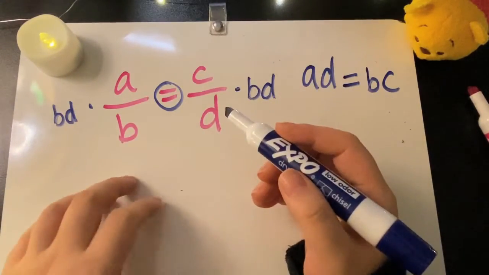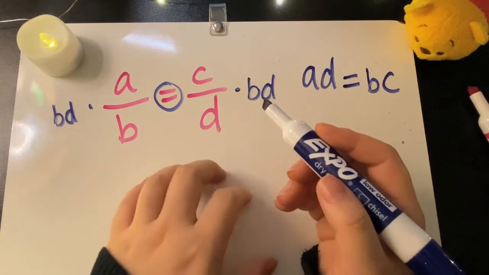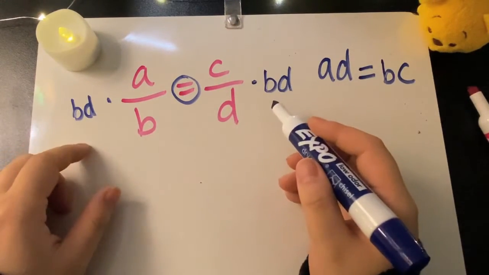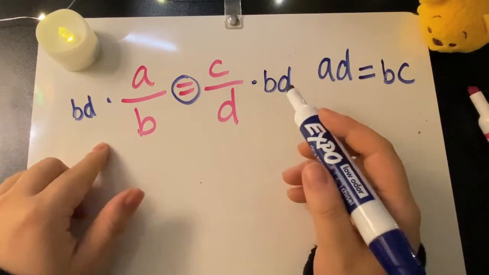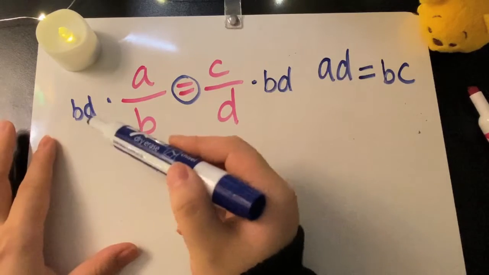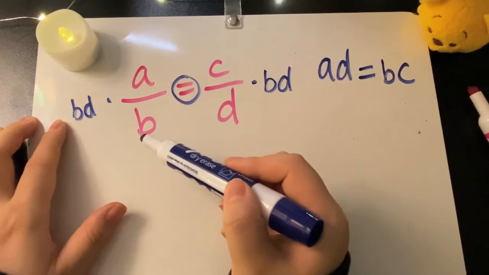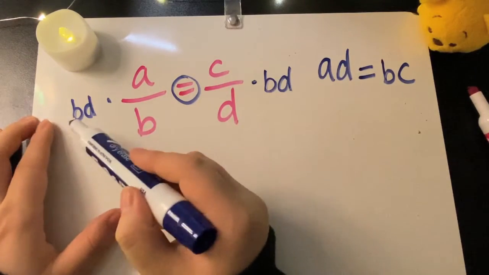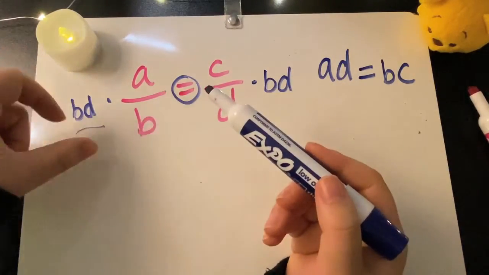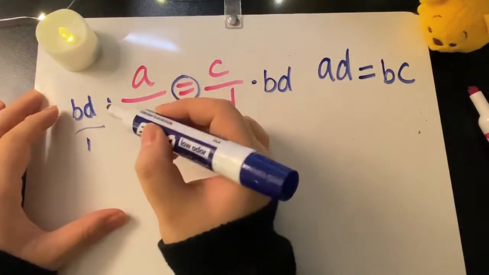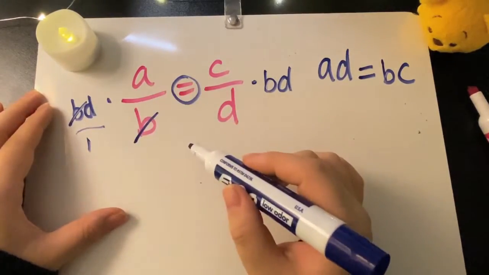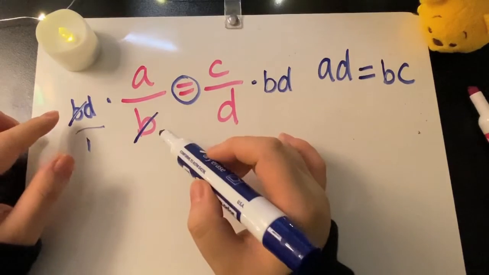So in this case, because I noticed that b and d are in the denominators, if I multiply both sides by b times d, what's cool about that is that if I look on this side, b times d, and I have a b here, b times d is like bd over 1 if it helps you to look at it that way for fractions, but we have bd and we have a b here, so we can cross cancel the b's, right?